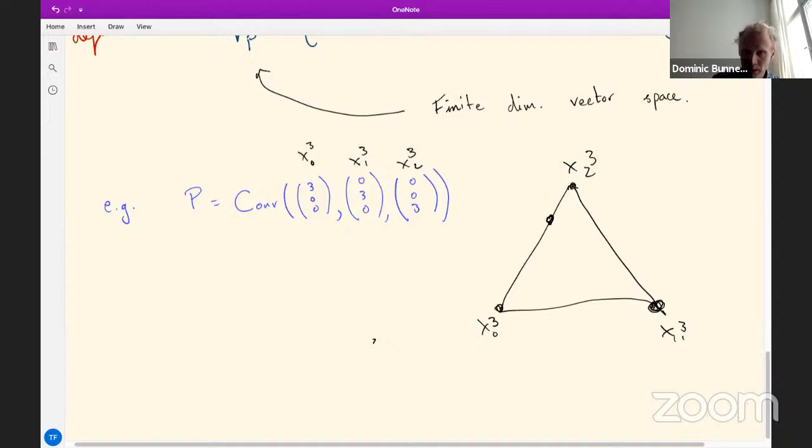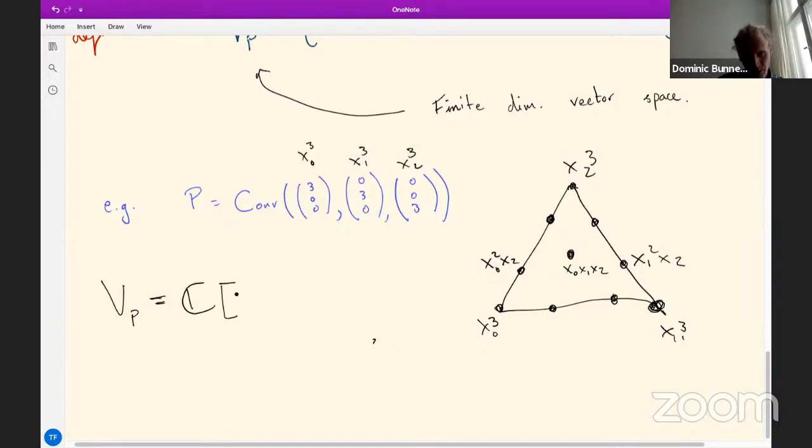In between, if one does the computation, one finds the lattice points look like this. This lattice point, for example, is x0 squared times x2. This one is x1 squared x2. This one in the middle is x0 x1 x2. And so VP in this example is equal to the homogeneous polynomials of degree 3.